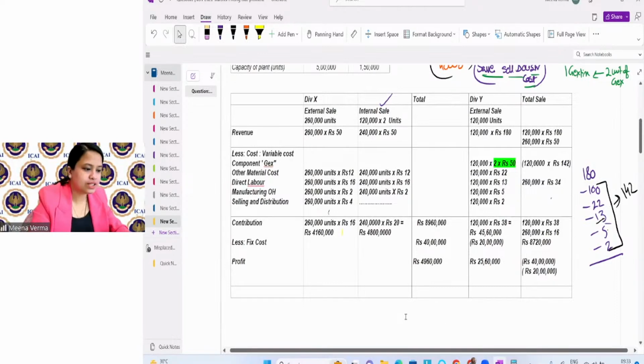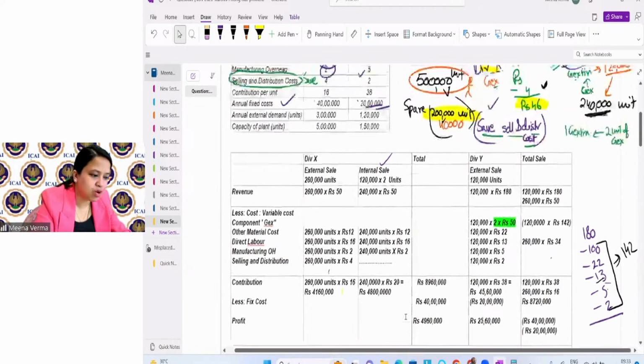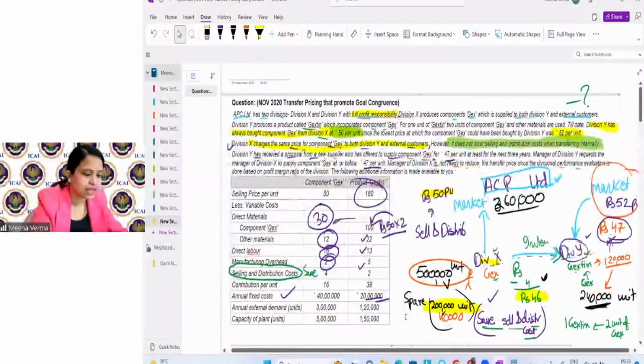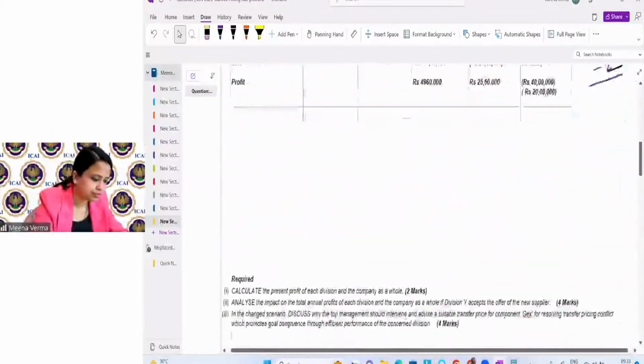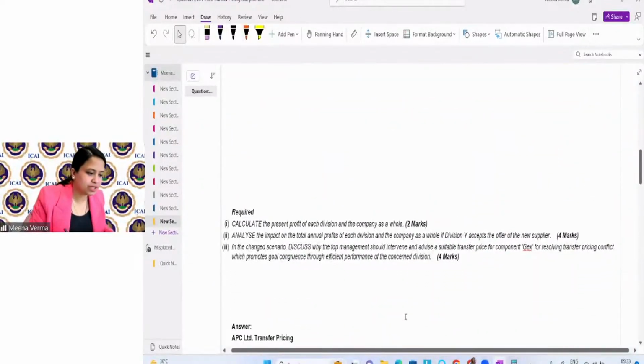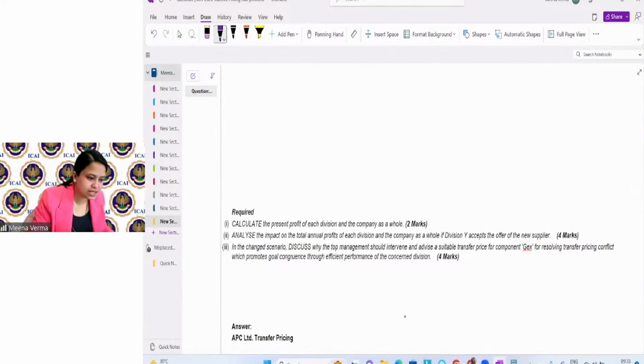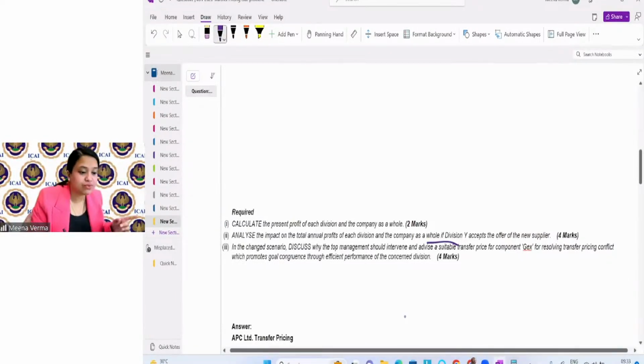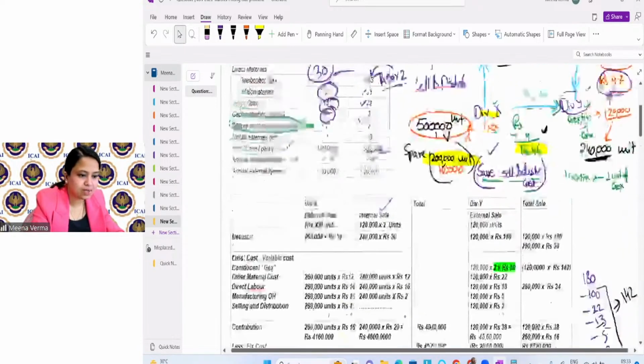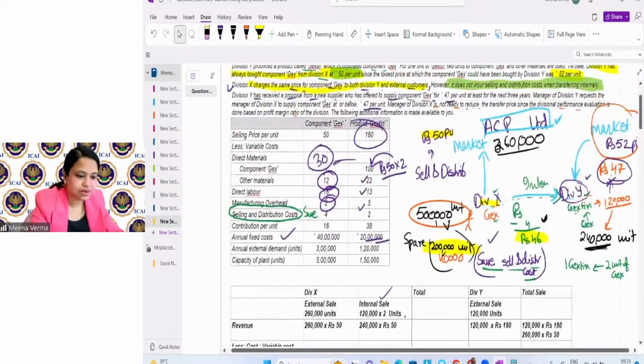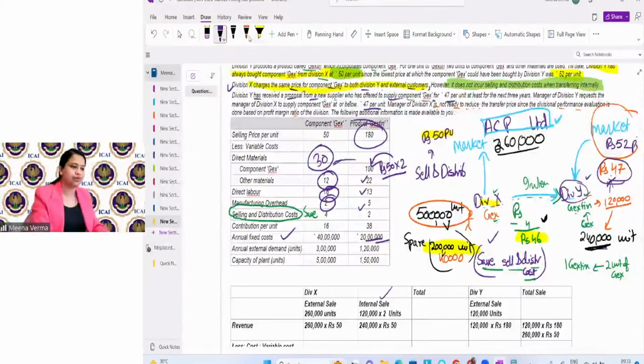Chalo, okay. Let's do one thing. Let's prepare a similar cost sheet for the next case also. Here it is given that if you change the transfer price, you can see they are transferring the goods at rupees 50.